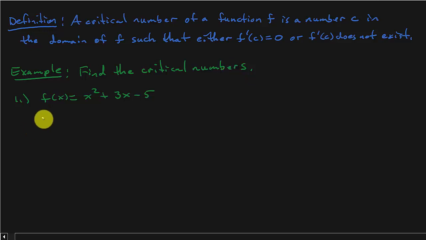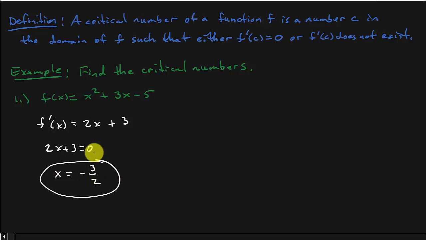All right. So if we find the derivative, we've got f prime of x is equal to 2x plus 3. And it says, set the derivative equal to 0 and solve. That's what I'm going to do. So I get 2x plus 3 equals 0. So x is negative 3 halves. Well, first derivative is 0 there.